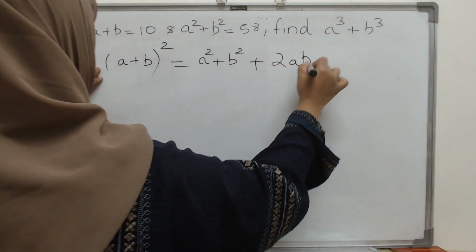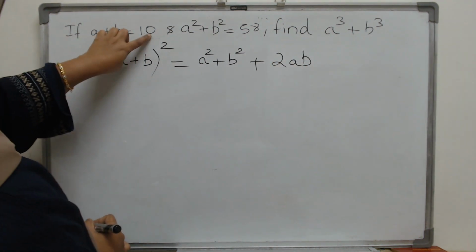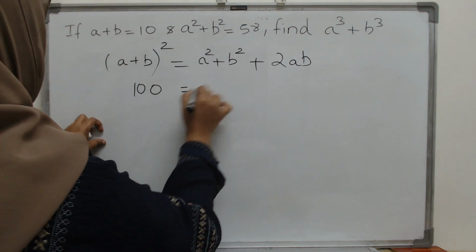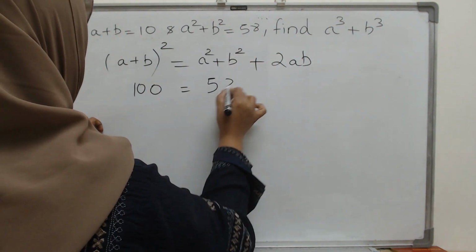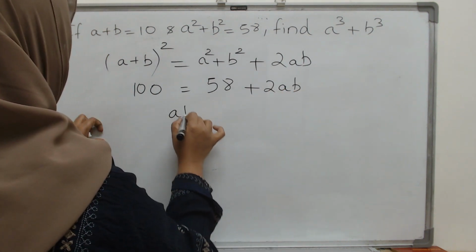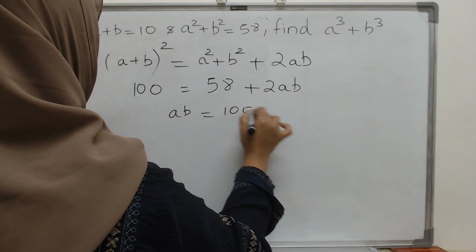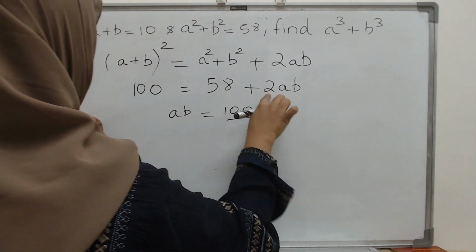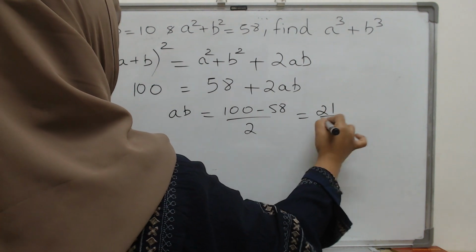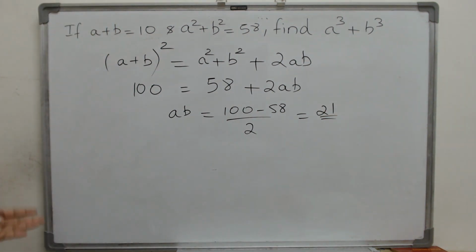And when you substitute, what happens? It is 10 square is 100, and this is given as 58, and that will give you your AB. What will your AB be? It will be 100 minus 58, and then a 2 here. This comes down, so your answer will be what? 21. There you have got your AB.